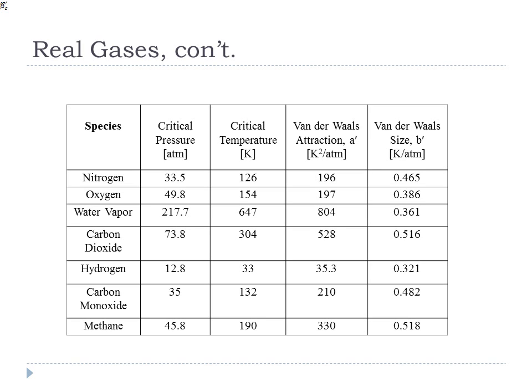And the same goes with critical temperature. Water vapor has the highest critical temperature, followed by carbon dioxide, and then methane, and then we have nitrogen, oxygen, carbon monoxide, and then the smallest one here being hydrogen.